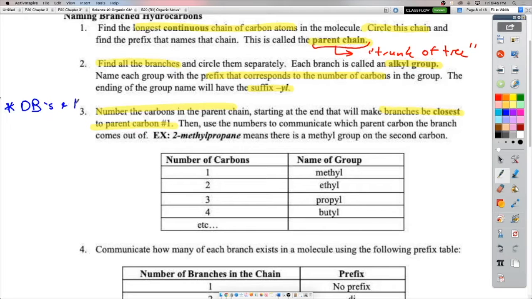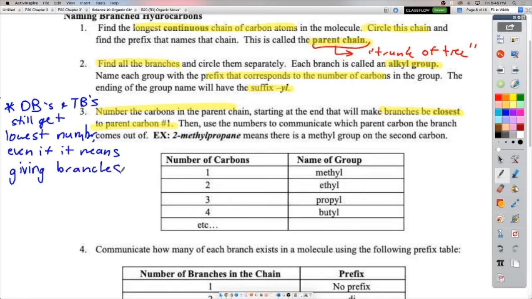Double bonds and triple bonds still get the lowest number, even if it means giving branches a higher number. So that just means if you're deciding between giving a branch the lowest number and a double or triple bond the lowest number, you should give it to the double or the triple bond, okay? So that rule never goes away. Double and triple bonds always have the lowest possible number, even when there's branches involved, okay?